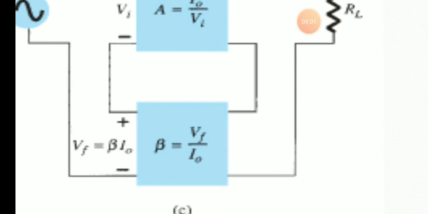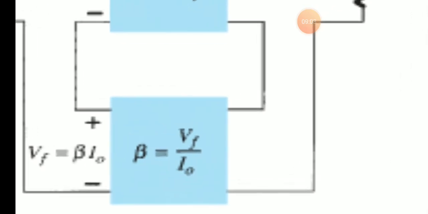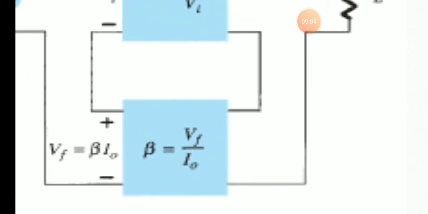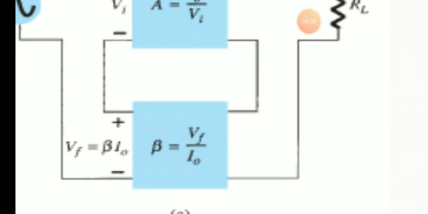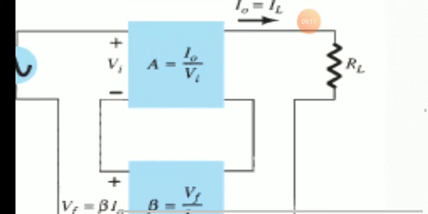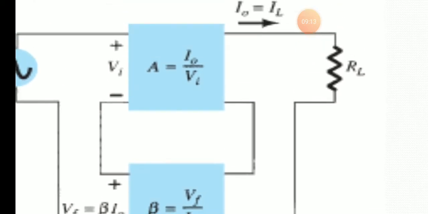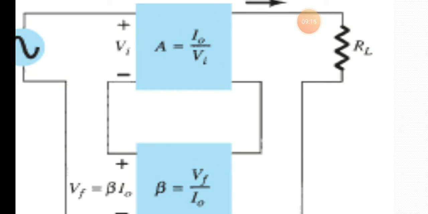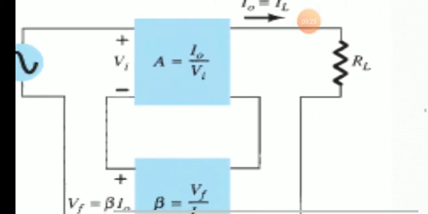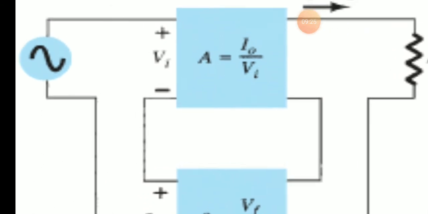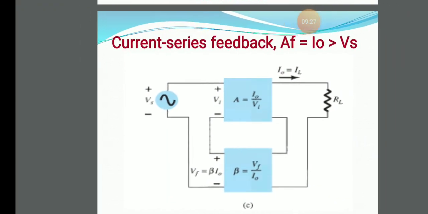Again here beta can be calculated by Vf by I0, the feedback voltage by the output current. Vf is equal to beta into I0, and that is sent to the amplifier. And we get IO equal to the output current, equal to the load current. So this is the series feedback.